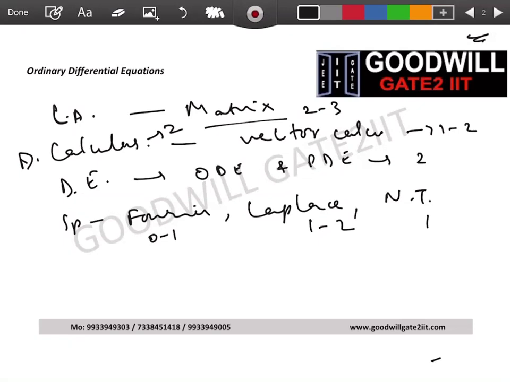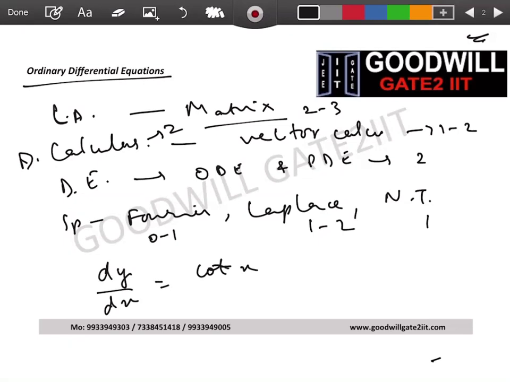So we'll start today with the ordinary differential equation. Now, what is a differential equation? Simply like dy by dx is equal to some cot x. That is your differential equation, right?